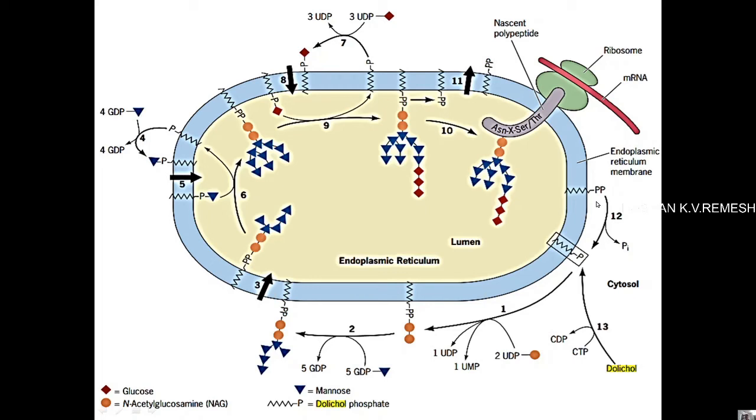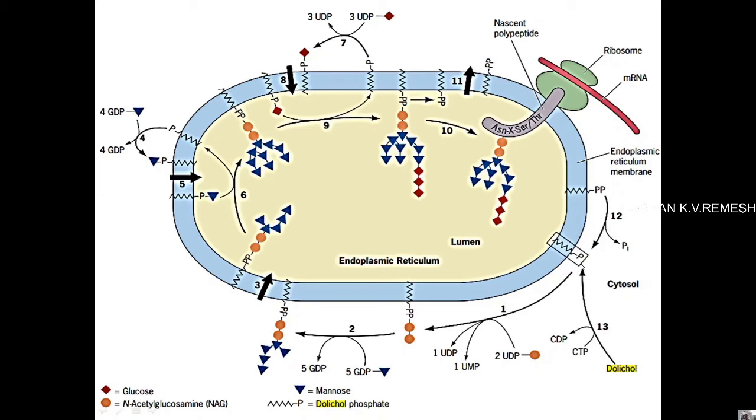The phosphatase enzymes cleave one of the phosphates of this dolichol pyrophosphate. Now the dolichol pyrophosphate will become dolichol phosphate. Now the glycosyl transferases transfer sugar molecules onto the phosphate group of this dolichol phosphate.